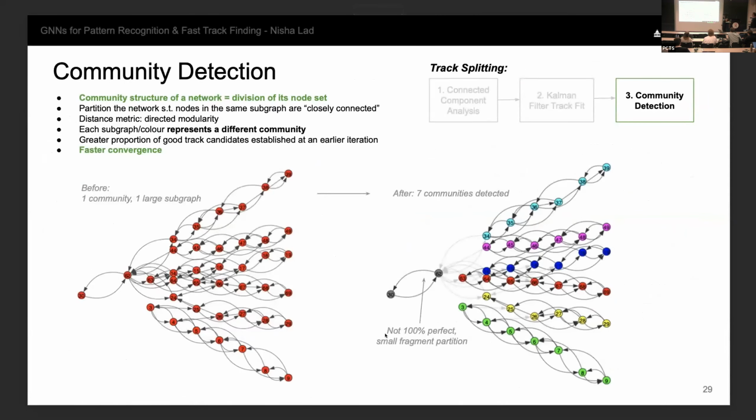Okay, so this is an example of the community detection. Essentially, it's a partition of the network by identifying closely connected nodes based on another distance metric. So it's another mini algorithm within my algorithm, and each color represents a different community. Within this very small subgraph, this starts off as one community. We then apply the community detection algorithm with a threshold distance, and the algorithm on its own identifies closely connected components.